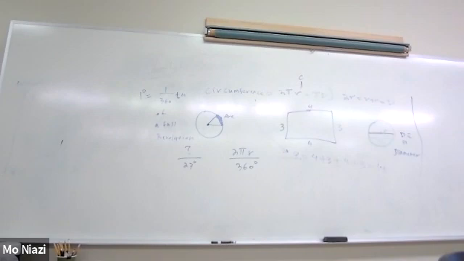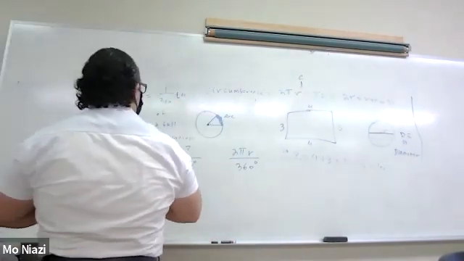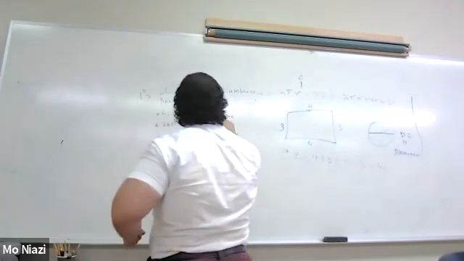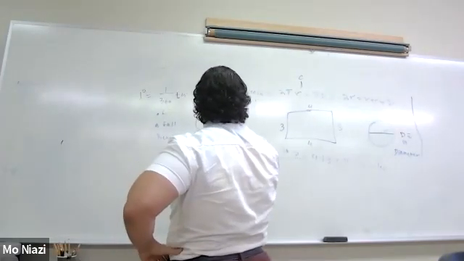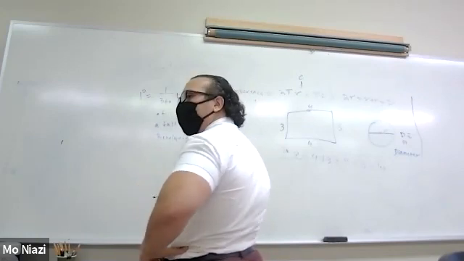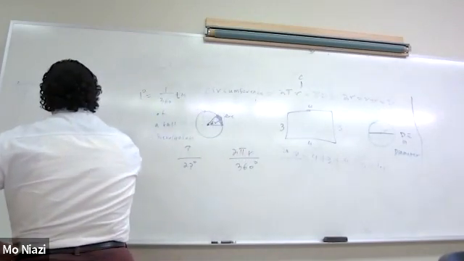So the arc. Let's say you have a circle with a radius, and you want to know how much of an arc length you get if you have 27 degrees. It will give you the degrees.